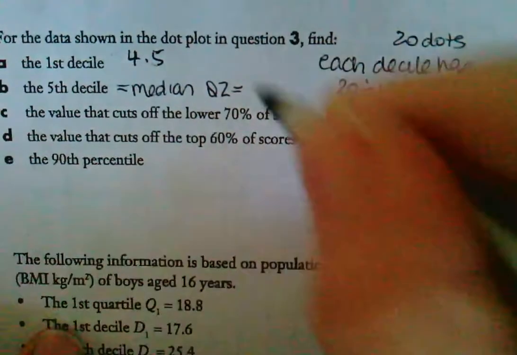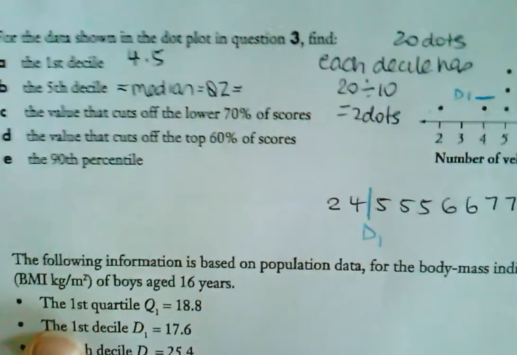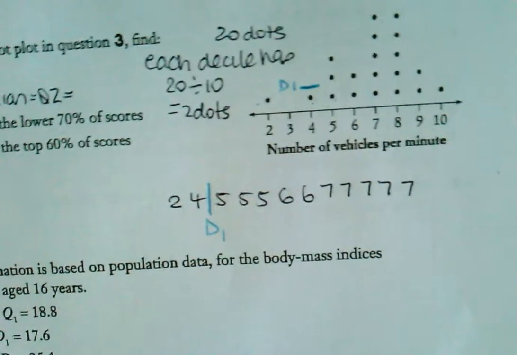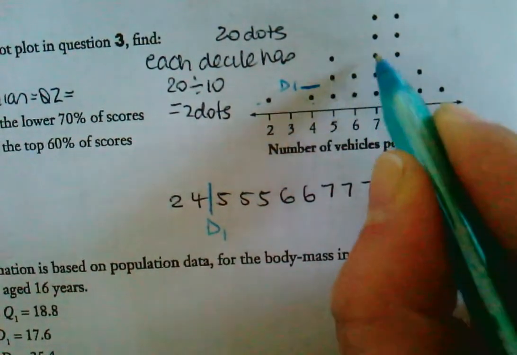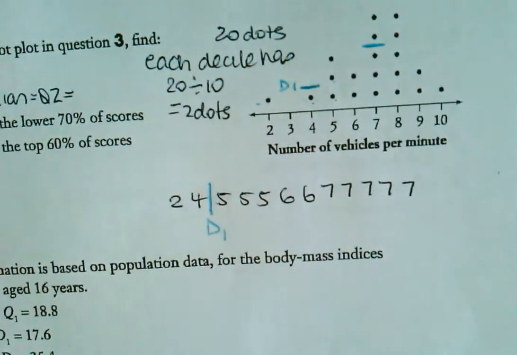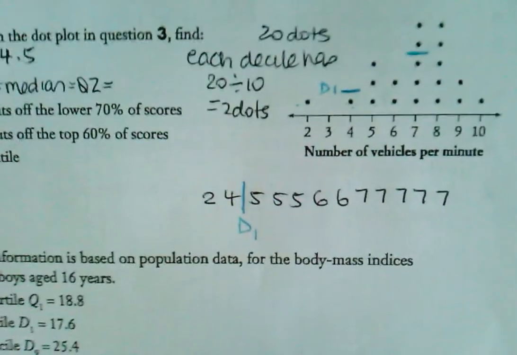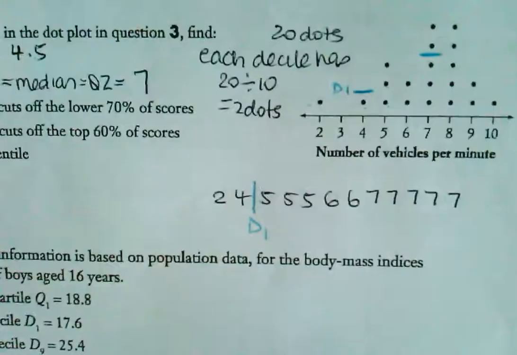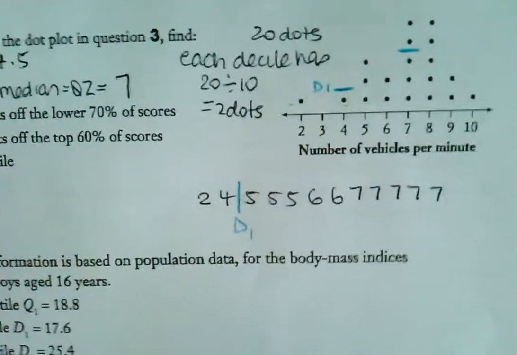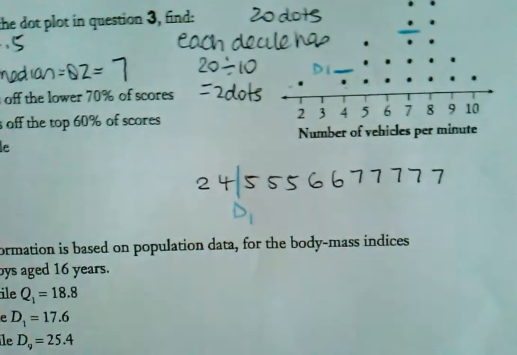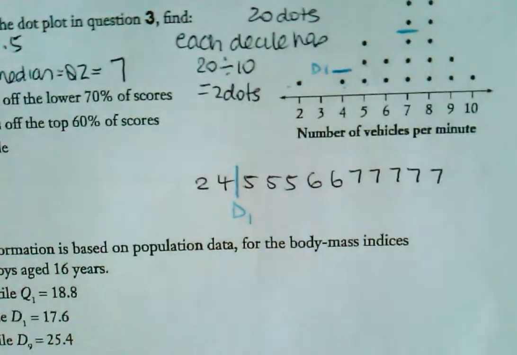Now it's got 3 names, which is, let's count 10 dots. 1, 2, 3, 4, 5, 6, 7, 8, 9, 10. That's my median. Average of 7 and 7 is 7. That's my fifth decile. The value that cuts off the lowest 70% of scores. So the lowest 70% of scores.